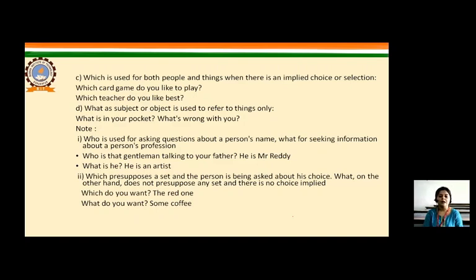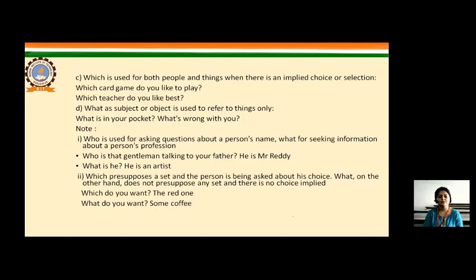Then what, as subject or object, is used to refer to things only. So if you're using the word what, like what did you just say, what did I just hear, what was the answer, what was the date, then you are definitely referring to a particular thing. What is not used for person or for living things, like what is in your pocket, what is wrong with you?